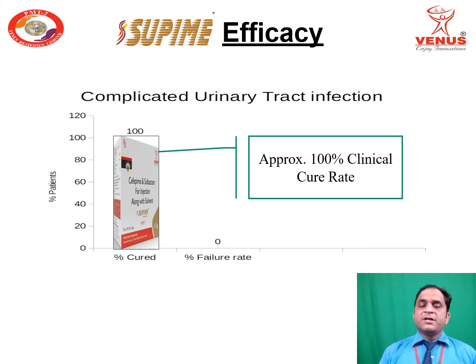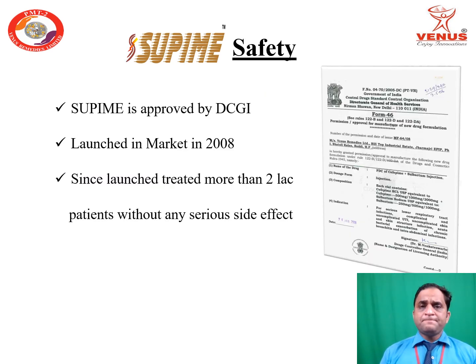And according to the study, the clinical cure rate of Supine in UTI, urinary tract infection, is also approximately 100%. So under this unique efficacy benefit, we can say that Supine has a very high sensitivity rate as well as a very high clinical cure rate.